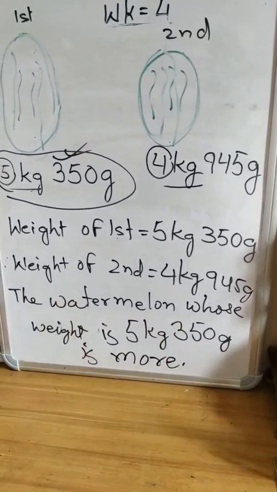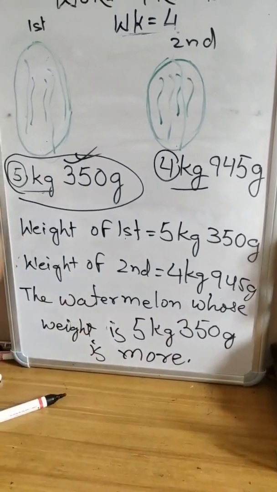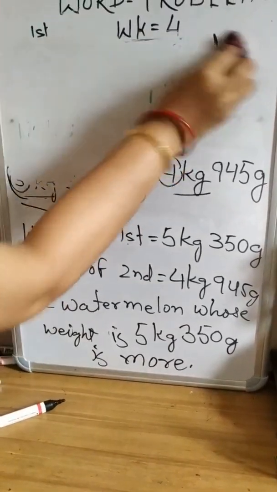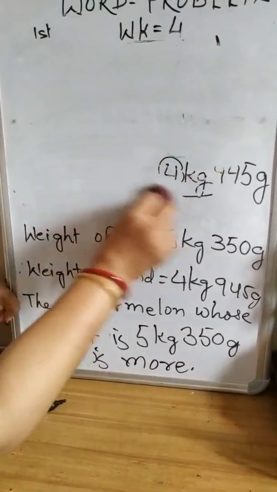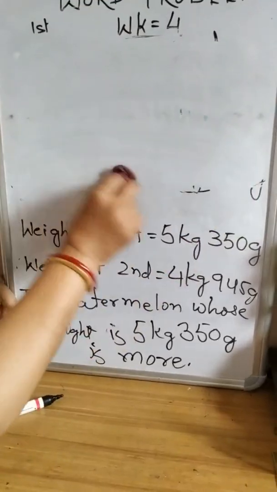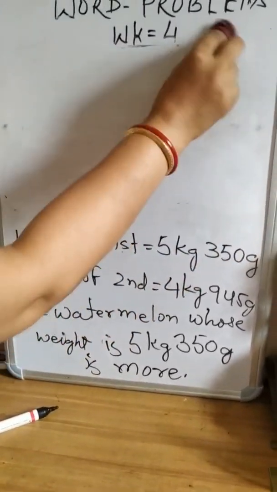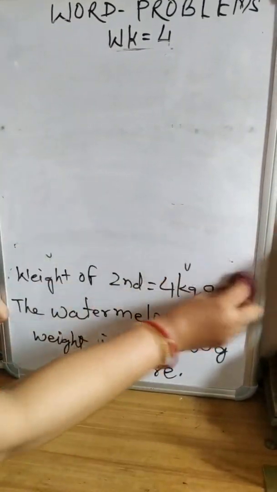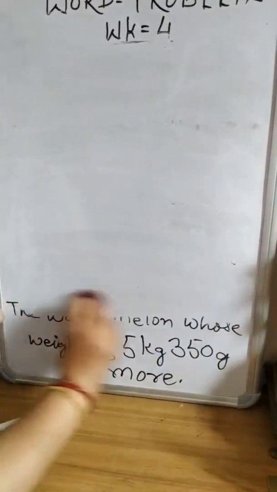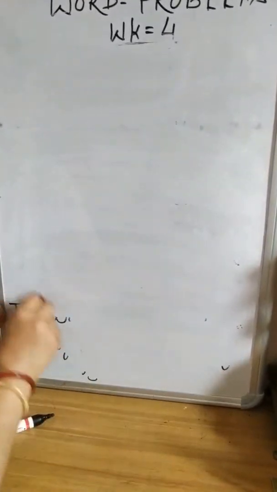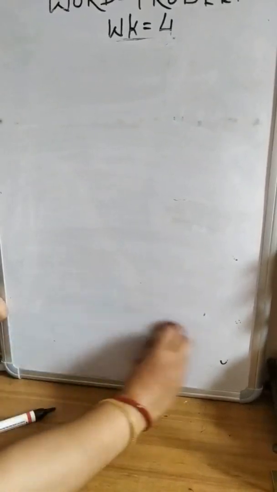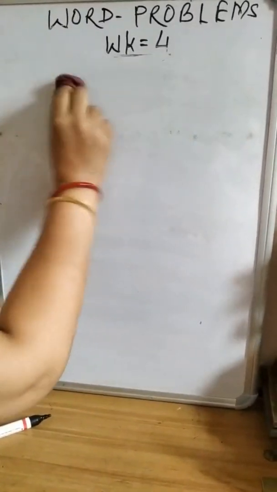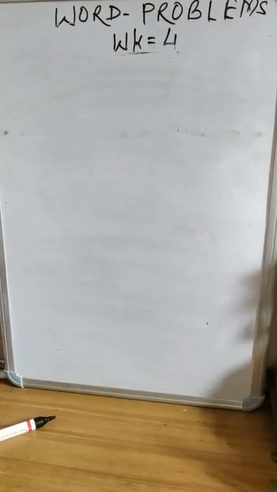Okay. Now the next question is, you have to do comparison. By how much is this 5 kilogram and 350 gram more? That is the first watermelon. The weight of the first watermelon is more than the weight of the second watermelon. So when there is a case of difference, we have to do subtraction. Correct?